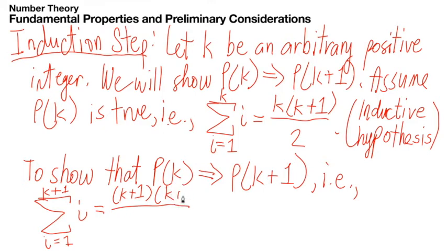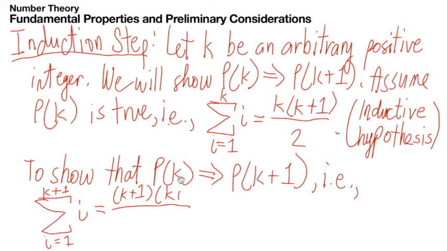So again, we have k plus 1 times k plus 2, all over 2. Okay, so we're going to tell ourselves that if this implies, therefore this is also true. So we will start with the left hand side of this equation.